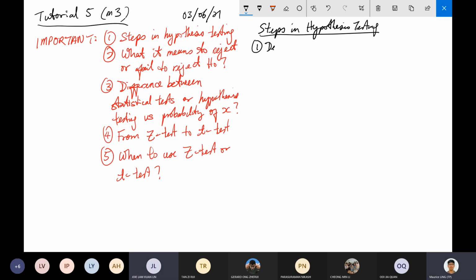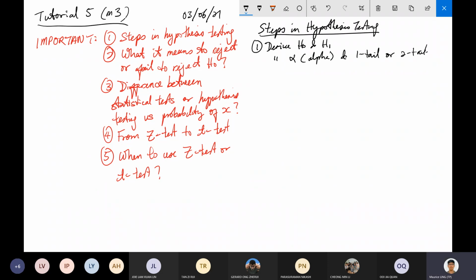With this, you also have to give the alpha value, and you also need to decide whether it is a one-tail or two-tail test.